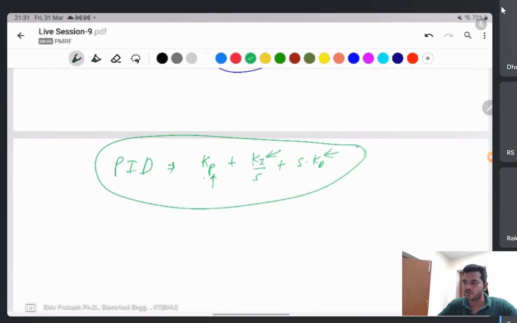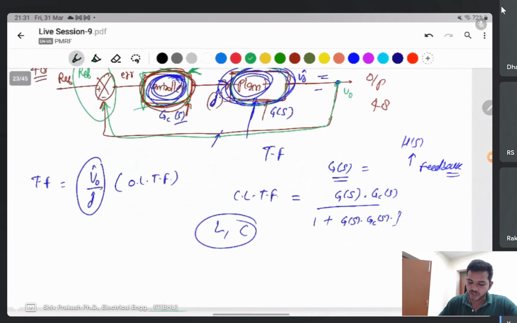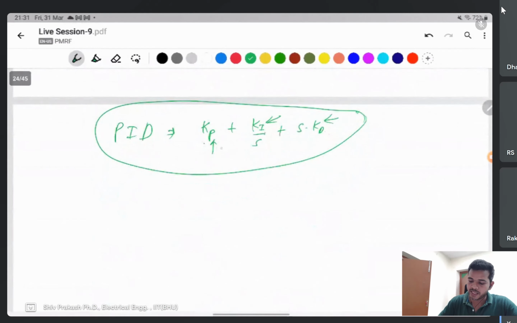Once you design a PID controller, you can't change the Kp, Ki, Kd values in the running condition. This is a constant thing.